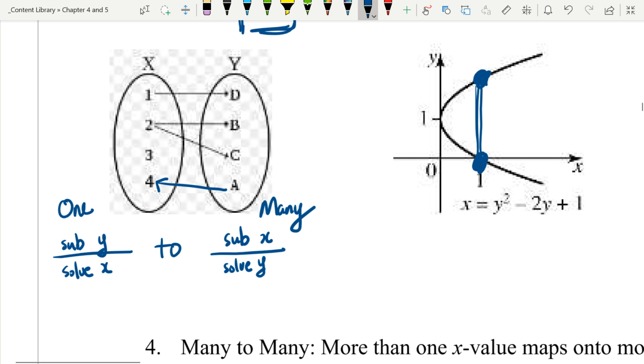You won't say when y equals b, x equals 1 or 2. I didn't get that. So that's why the first one is a 1. And when I sub x equals 2, I get y equals b and y equals c. I got two y values. That's why the second place is a many. So that's a one-to-many relation.